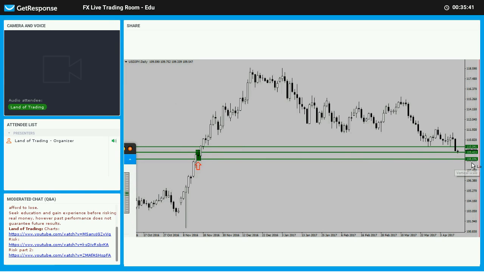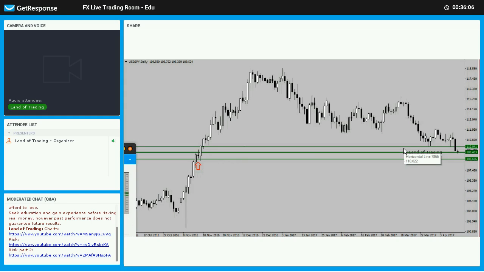So I'm closer to 108.50, 60, 70, to the low of this candle and the next one. But still we are trying to hold this 109.50. Even during the Tokyo session we hit 109.35 or so.